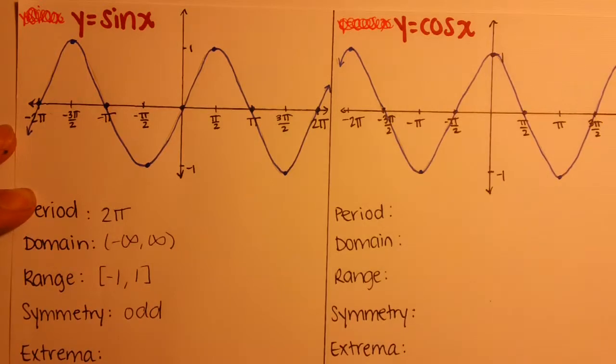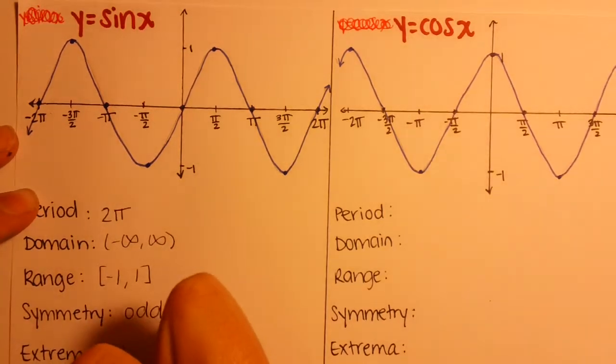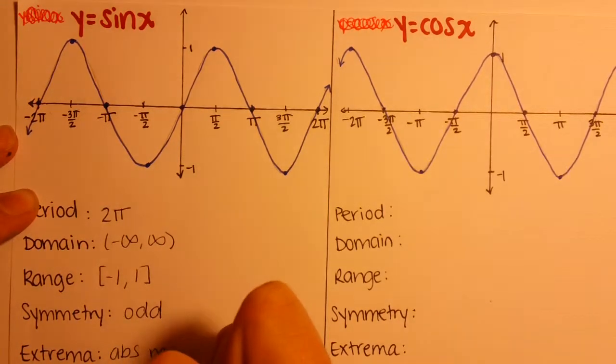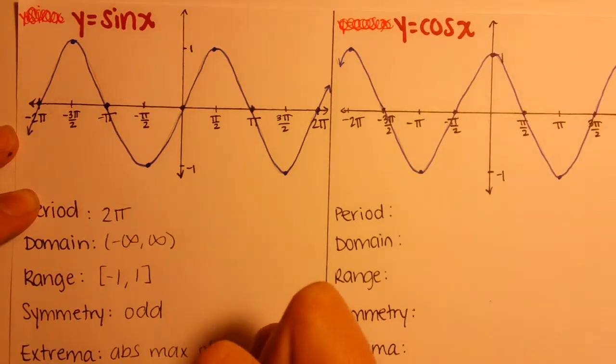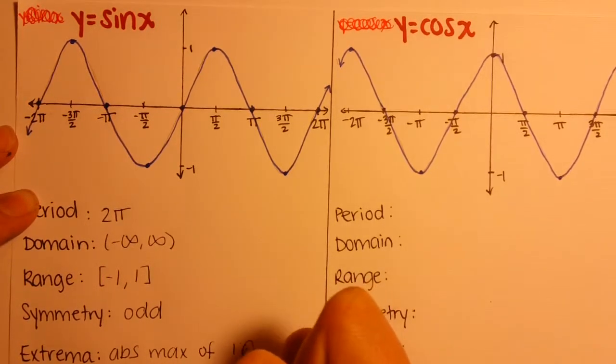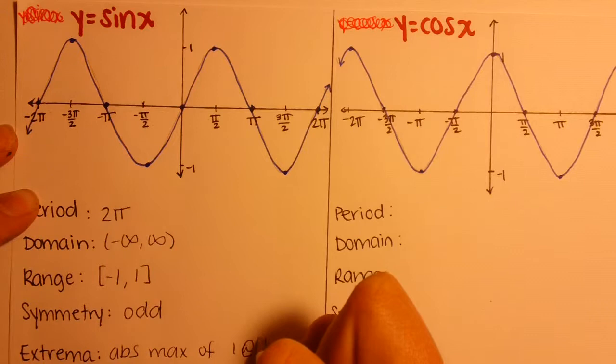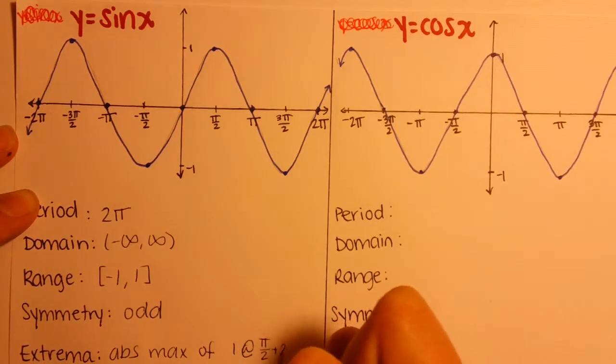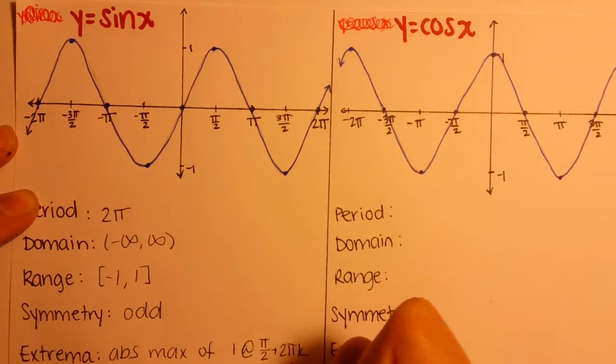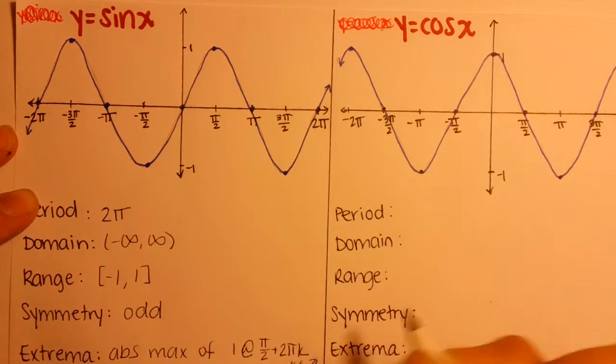Our extrema is going to be a little bit different than the way we're used to writing it. So for extrema, we're going to have an absolute max of 1 at pi over 2 plus 2 pi k, where k is an element of the integers.